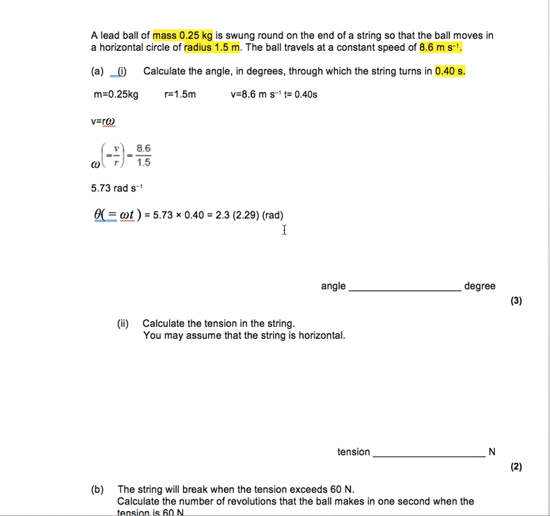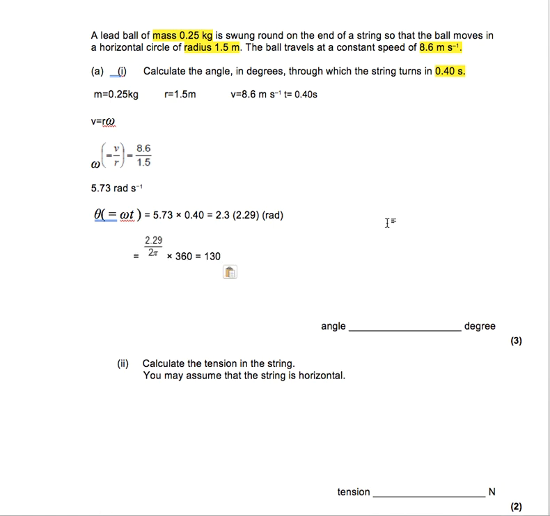And of course, converting radians into degrees, each radian is 360 over 2 pi degrees. So there we have 130 degrees. So 130.